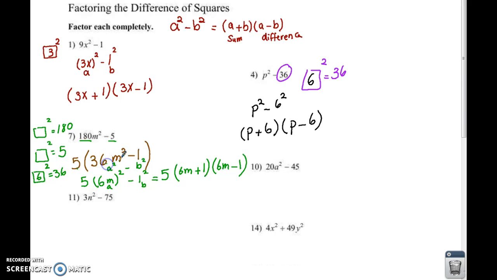We got 36m squared minus 1. 1 is simply 1 squared. 36m squared is 6m all squared. Don't forget the 5. So now we have the form of a squared minus b squared. A is 6m, b is 1. So 6m plus 1 times 6m minus 1.